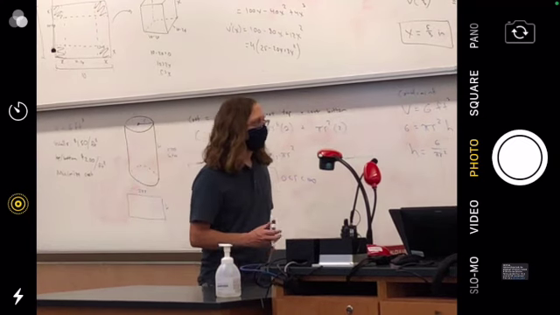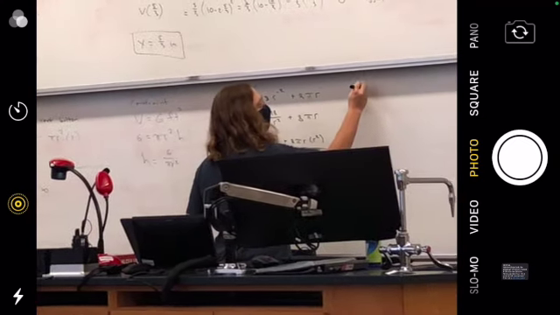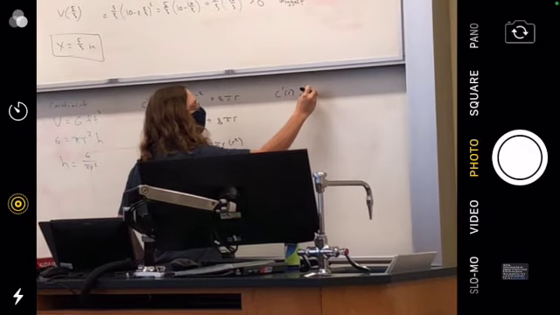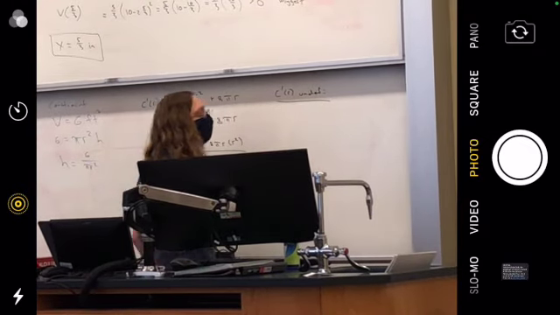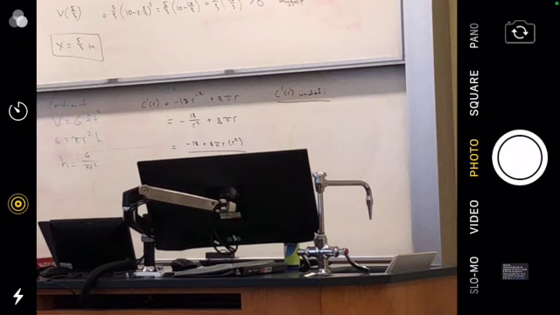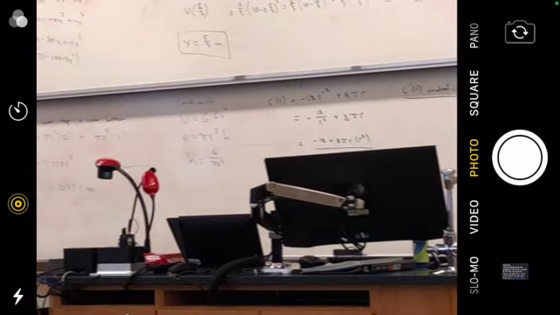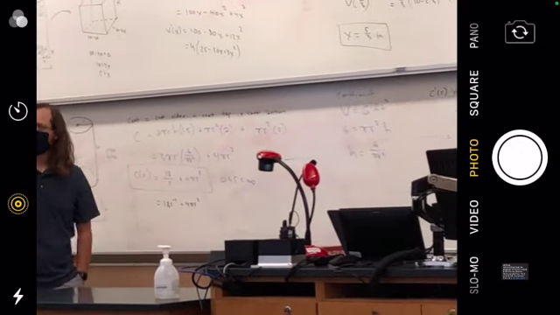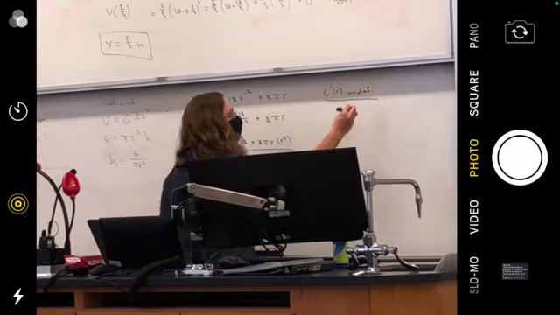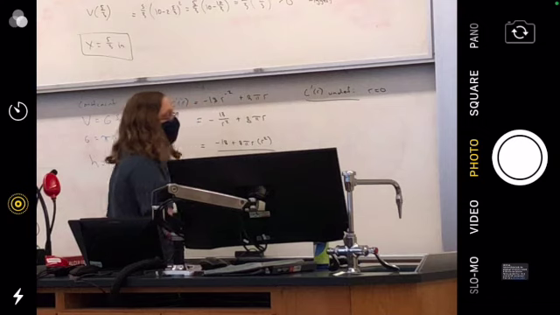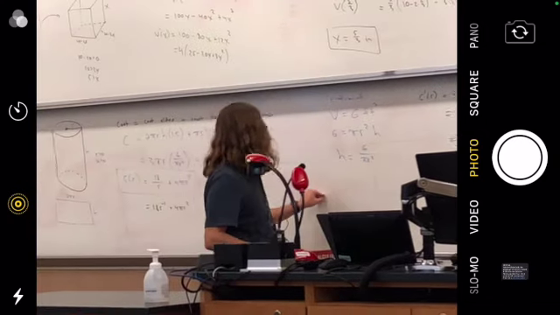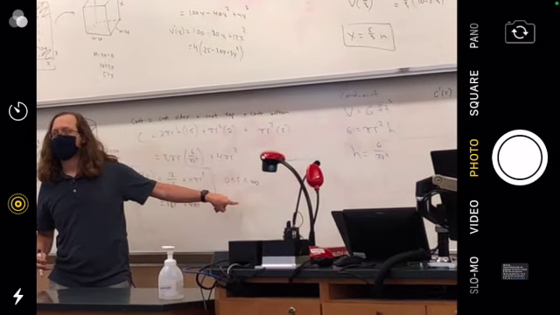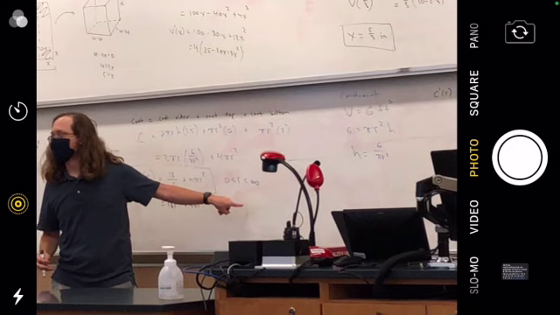Right. So when is this undefined? When the bottom equals 0? Can't divide by 0. So this would be undefined at r equals 0, which in some sense doesn't matter because we said r is positive. But it's always worth checking.